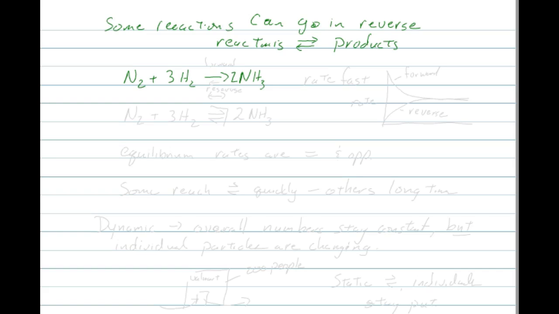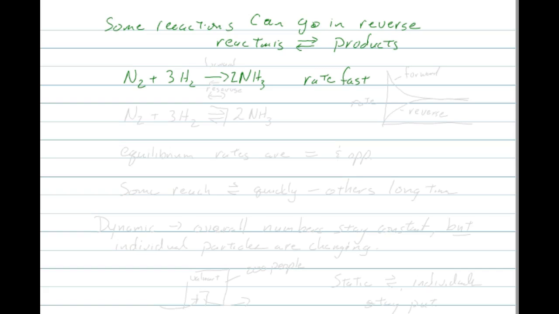The rate is fast. The rate in the forward direction is fast because there's always concentrations of N2 and H2 at first. Remember from chapter 2 that the rate of reaction depends upon concentration. The more stuff you have, the more likely it is to collide. Therefore, you can make more and more collisions, and the reaction goes fast.